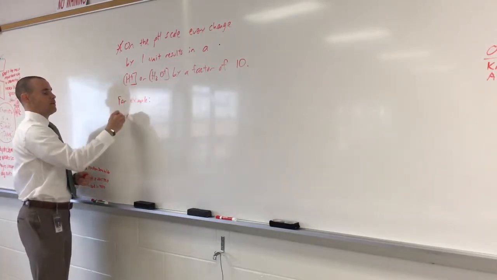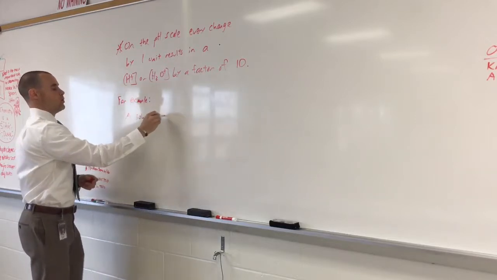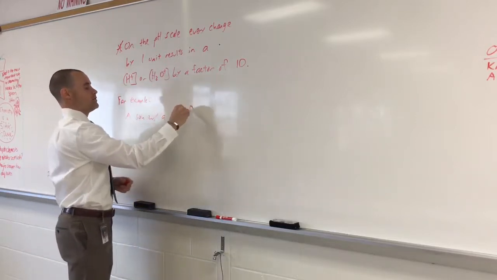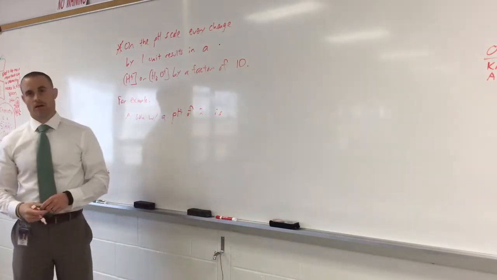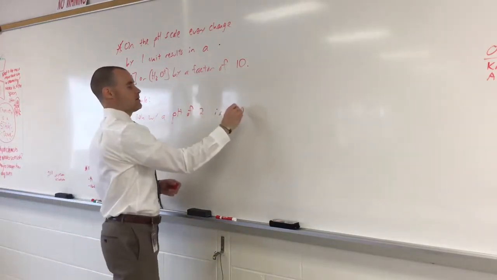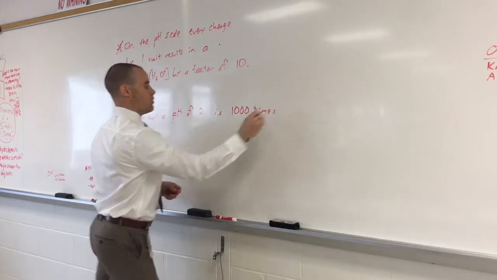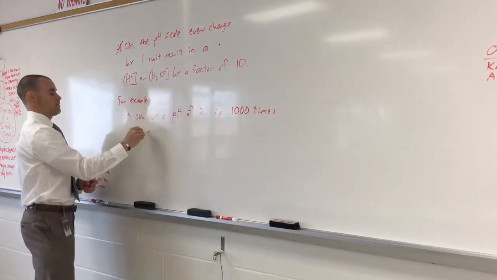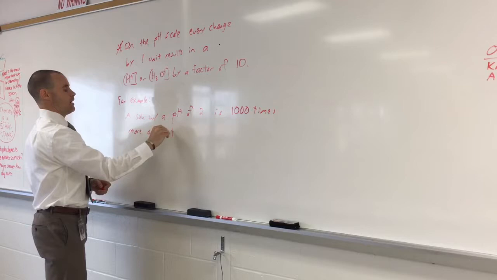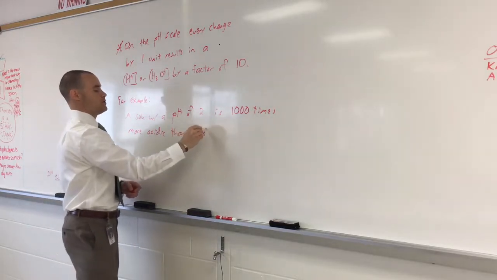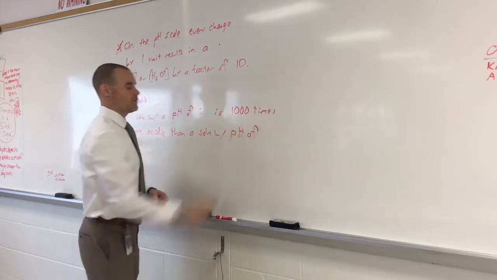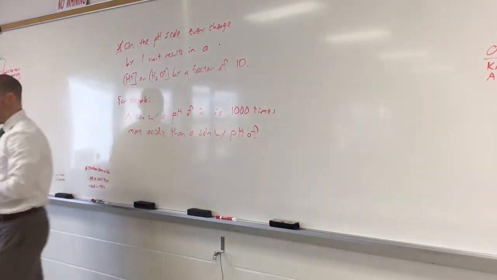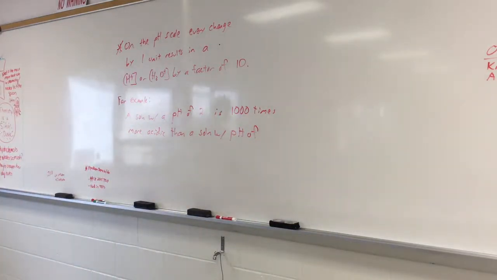a solution with a pH of 2 is 1,000 times more acidic than a solution with a pH of, I'll let you copy down, see if you can figure that out.